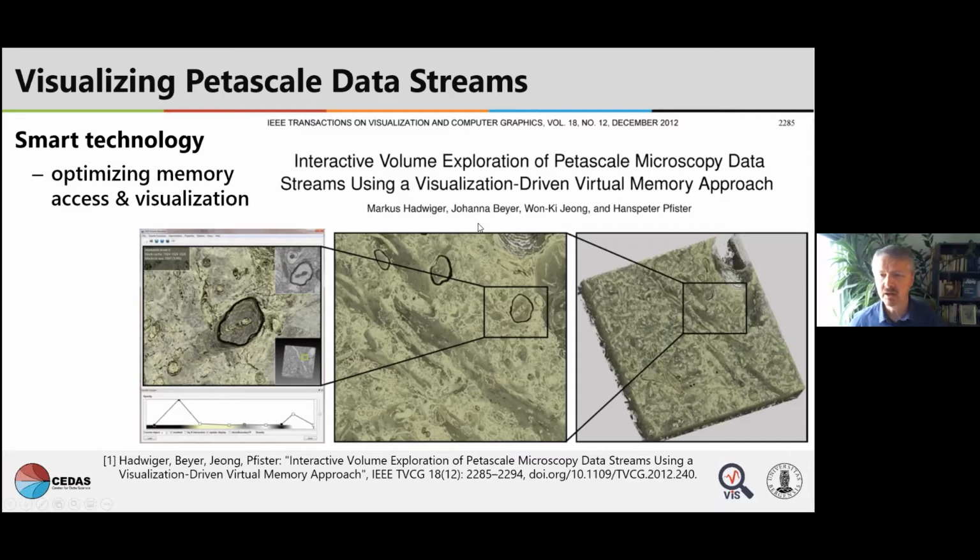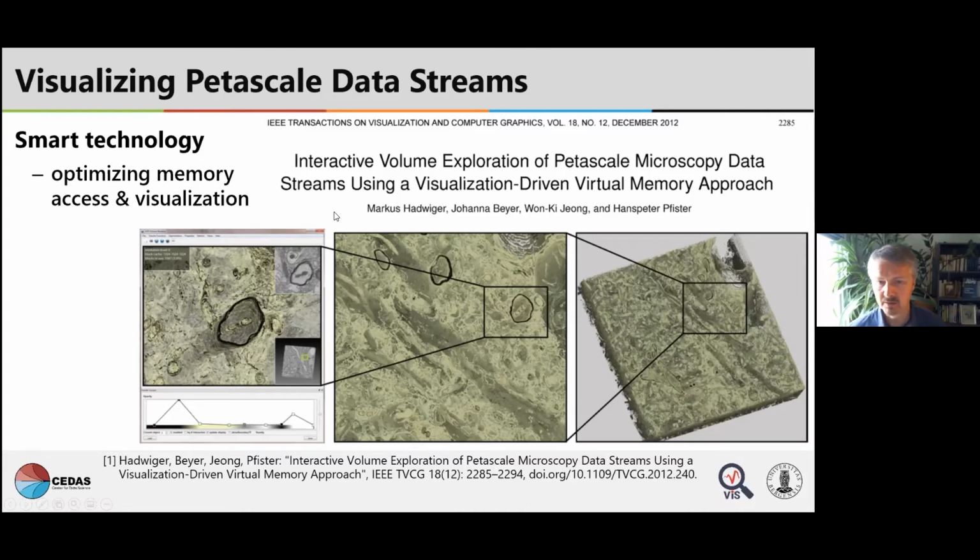Here we are talking about streaming data on the petascale from microscopy, and with some smart memory layouts and accordingly designed algorithms, they are able to provide interactive visualization of that kind of data. So this is one example.